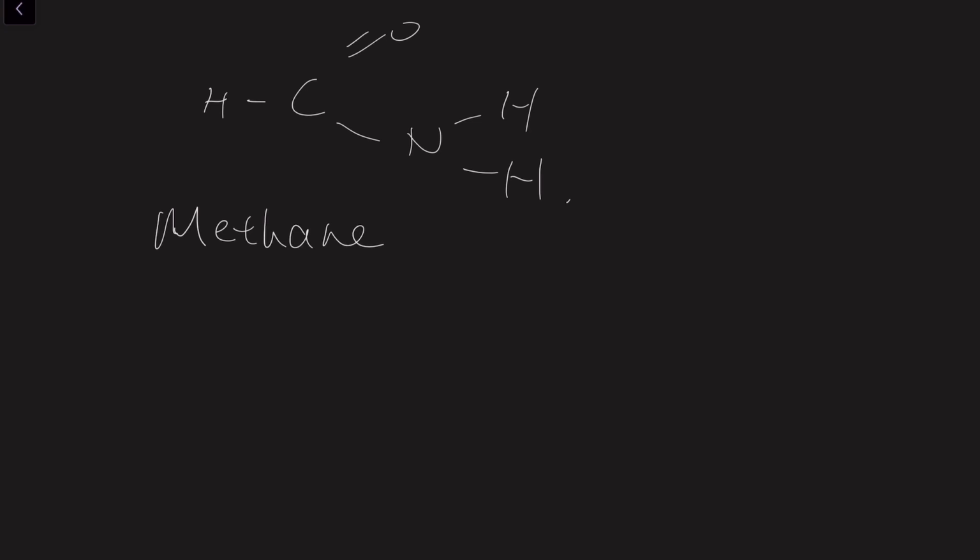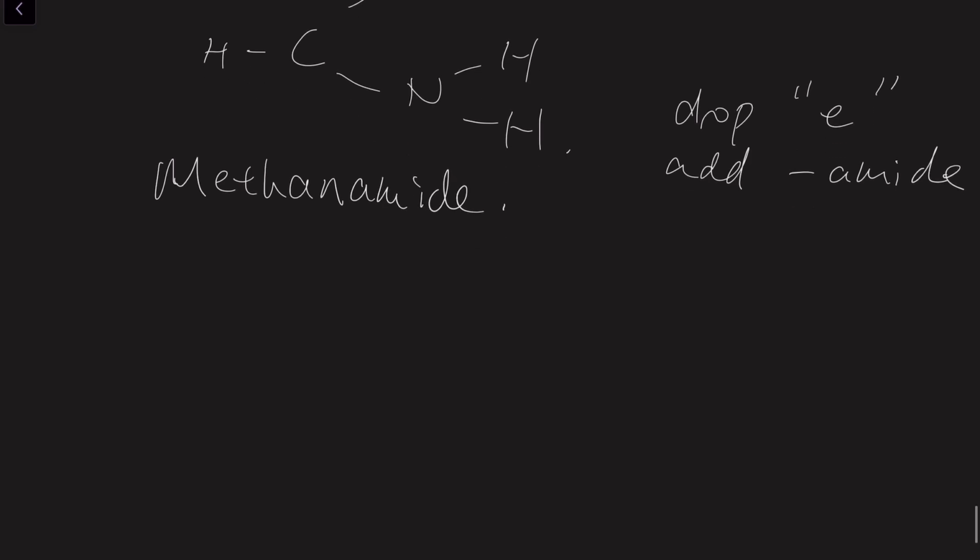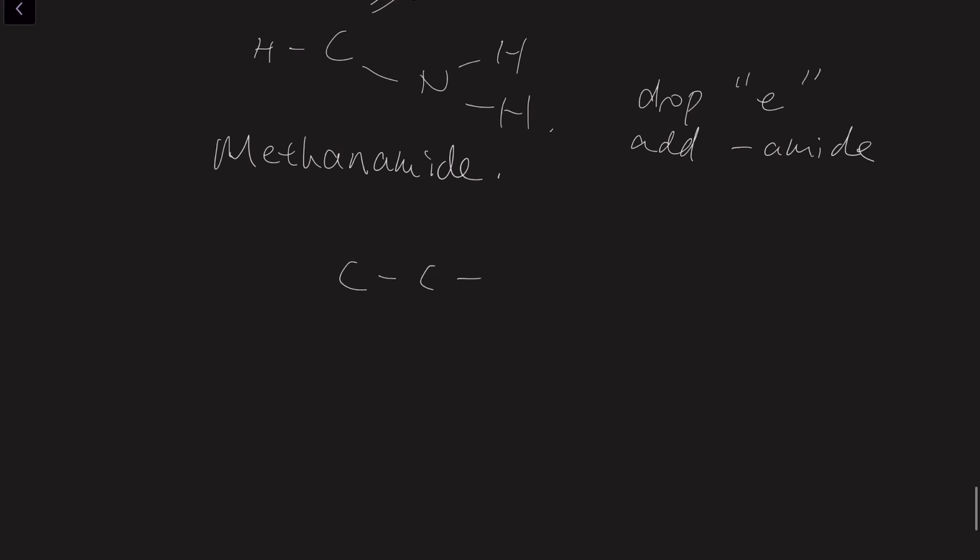Again, you drop the E and add amide. So it's methanamide. You have 4 carbons in your main carbon chain. This is called butanamide because you drop the E and then add amide.